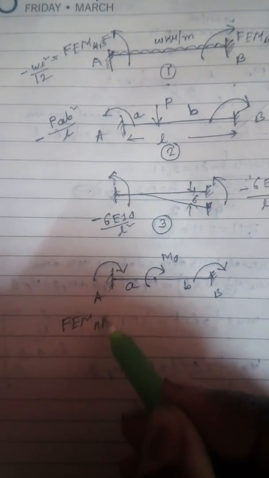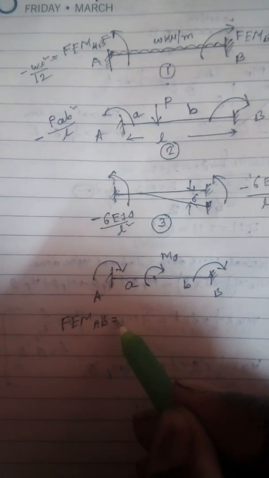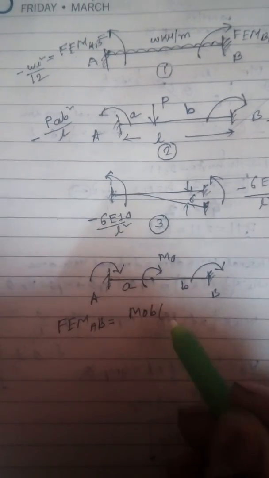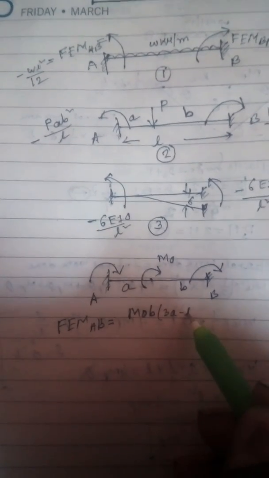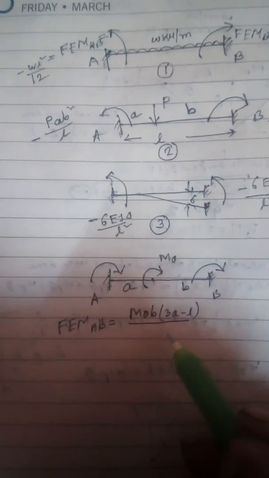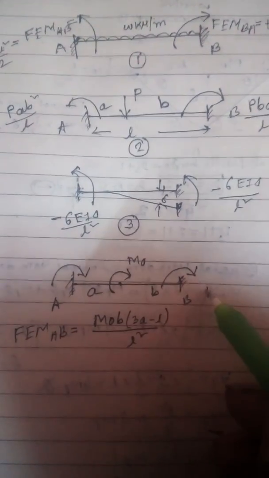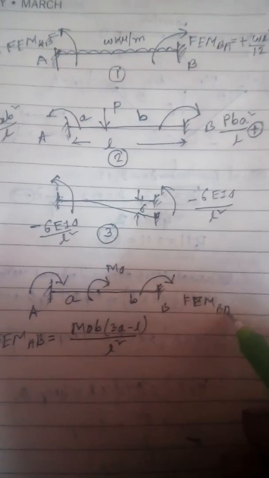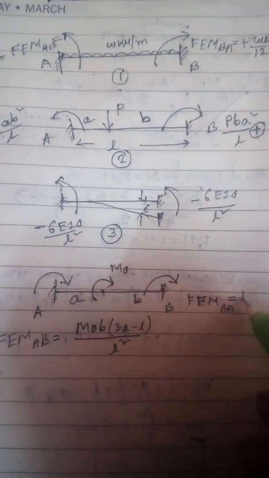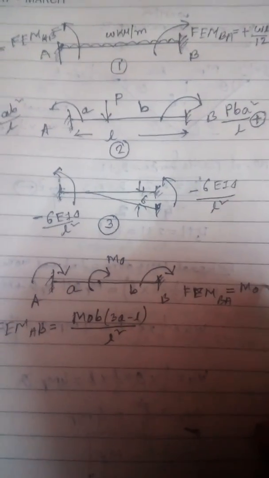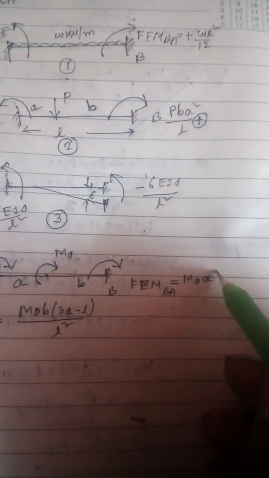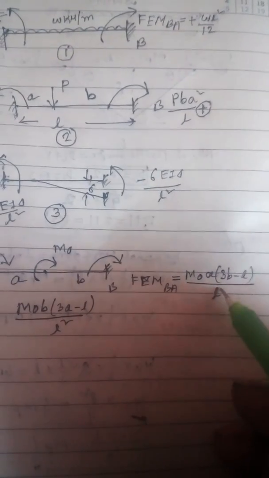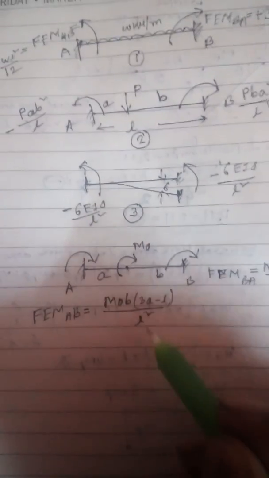FEM AB equals M naught b (3a minus L) divided by L square, and FEM BA will be M naught a (3b minus L) by L square. This is case 4.